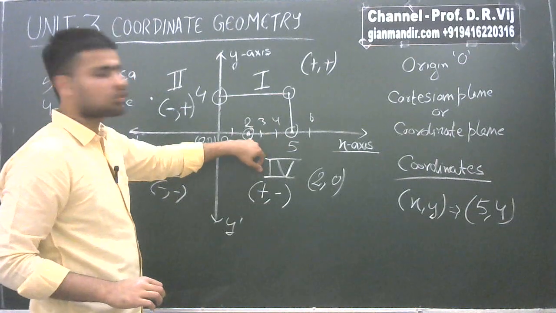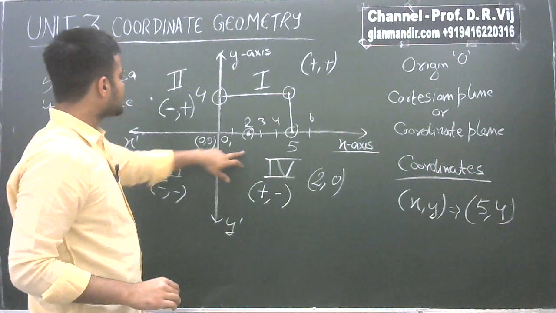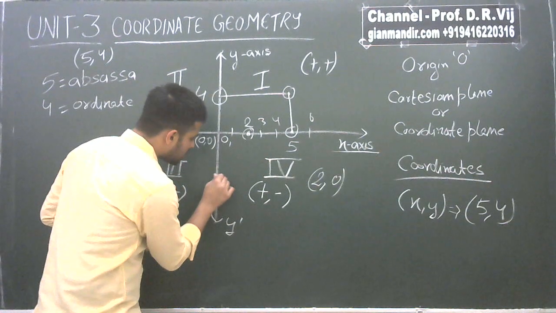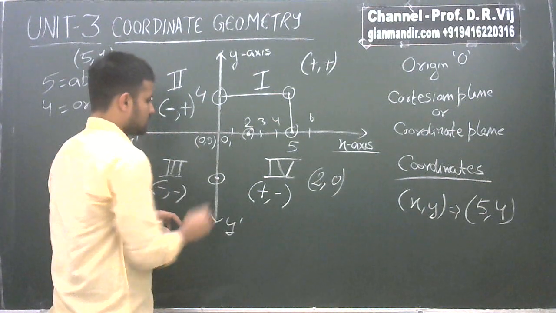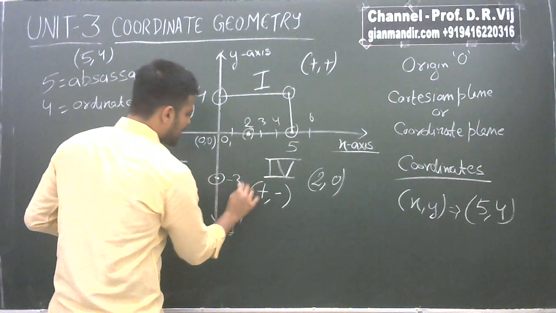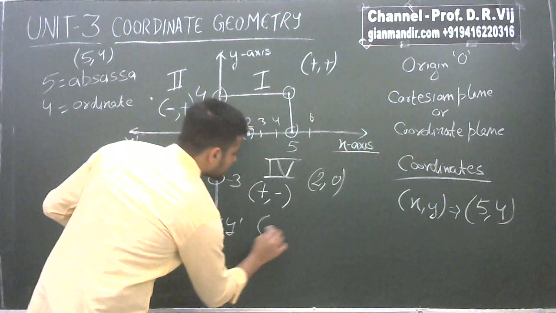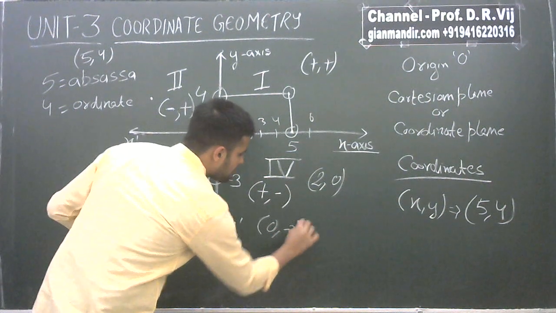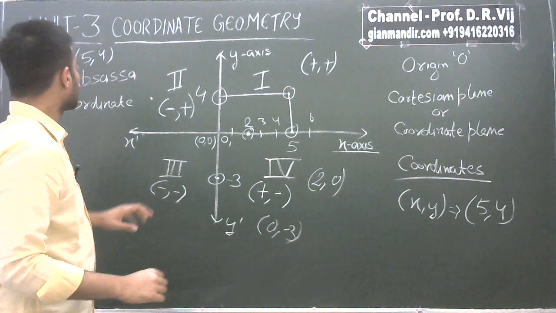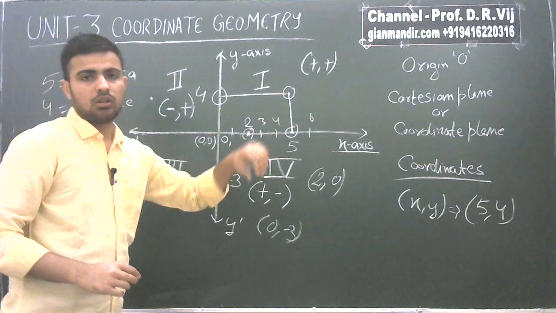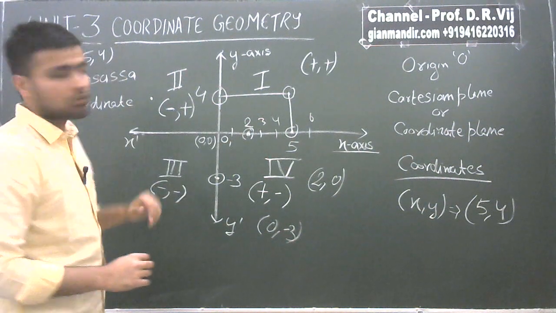And in the same way, if the point is lying here on y-axis, and let's suppose this point is -3, the coordinates of this point will be (0, -3). Okay. So in this way we have to solve the questions. So this was the introduction.